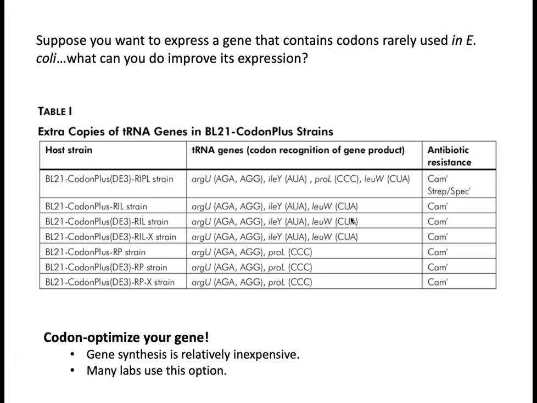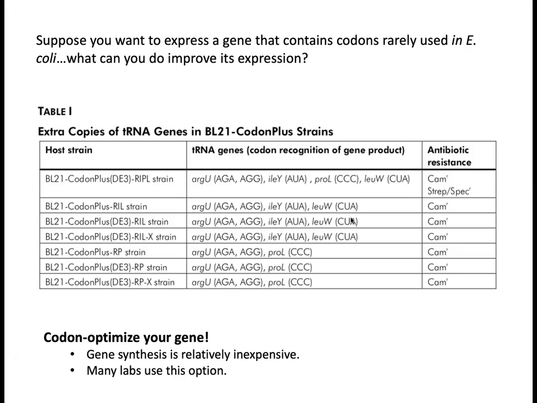Now, the second strategy is you can codon optimize your gene. It turns out these days, gene synthesis is relatively inexpensive. And I'd say many labs, especially labs that have a fair bit of funding, don't mess around with cloning their own genes. Instead, they will contract out with what's usually called a CRO, a contract research organization, that will clone their gene of interest into their desired plasmid. And they will codon optimize the gene.